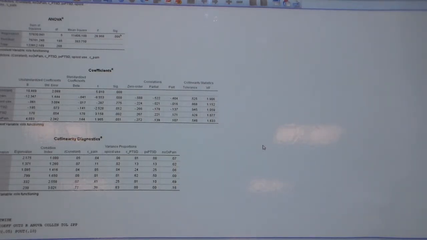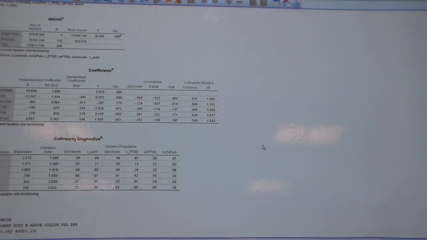Yeah, right. And so I can go through and take a look at my effect sizes again. In this model, if I compare this model to my base model that I ran, I'm going to see a difference in my constant and my coefficient for pain, but everything else is going to be identical, right?